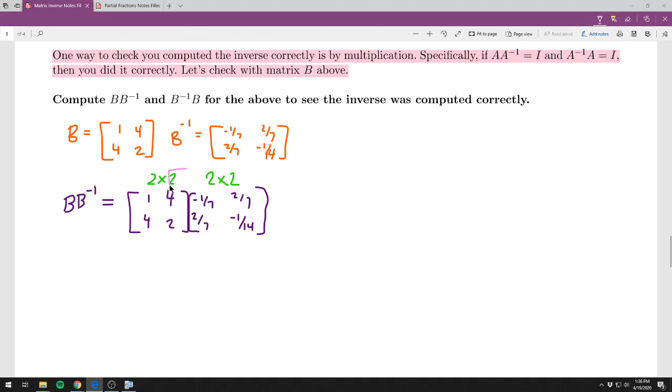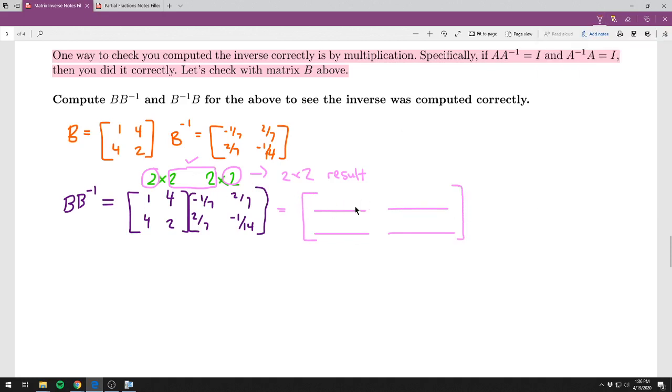The two middle numbers check out. They're the same. And the two outside numbers tell us the result is 2 by 2. So let's see if this ends up being the identity matrix.